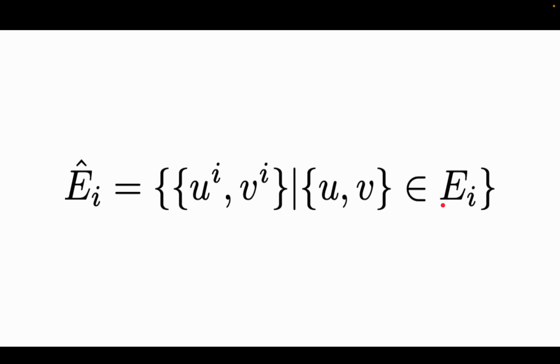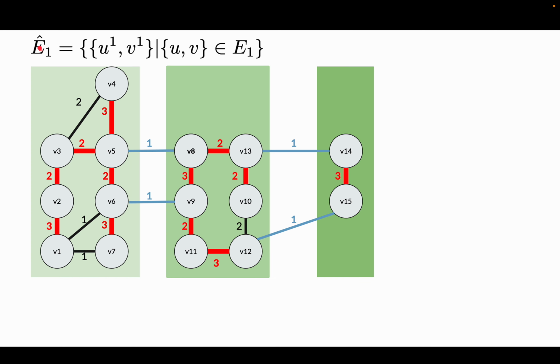Okay, so just look at the picture. For E hat 1, meaning every edge with depth 1, there are 1, 2, 3, 4, 5, 6 edges in E1. But we need to note that although there are 6 edges in the graph, there are only 4 edges spanning different connected components.